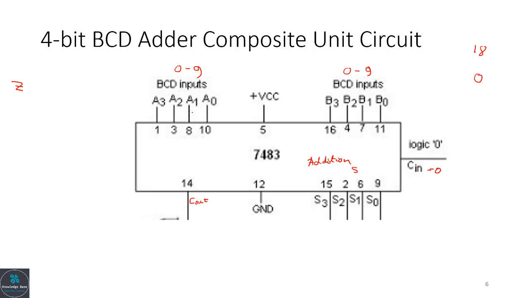Now, if Cout is generated, it means my summation is in the range 16 to 18, so obviously greater than 9. But what about 10 to 15? To check that, in 8421 code, if a number is in the range between 12 to 15, then S3 and S2 both will be 1.